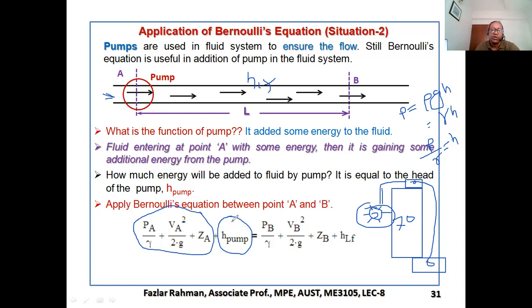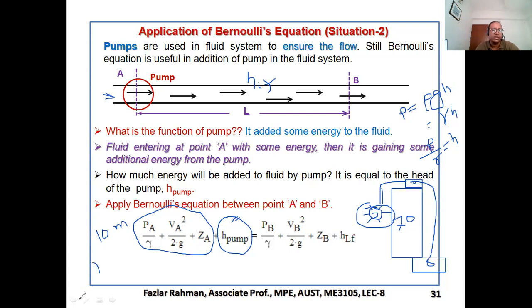So H pump: when you go to the store to buy a pump, they have a specification and mention there that the head is 30 meters, or the head is 20 meters. So if the head is more, that means your pump is more powerful. If we have a pump head of, say, 10 meters, how much pressure energy can you create?